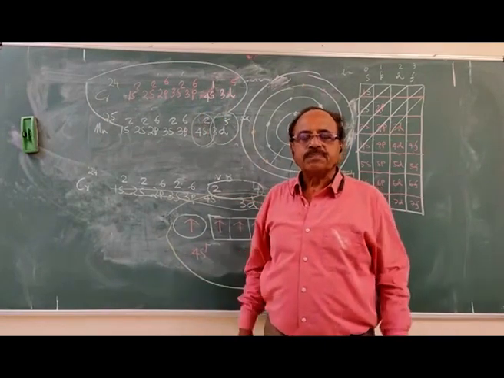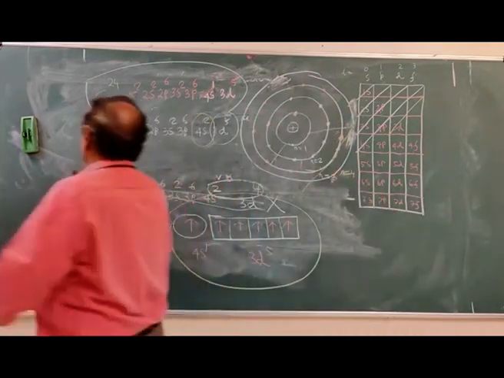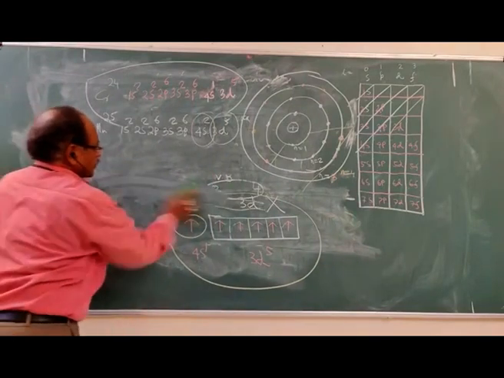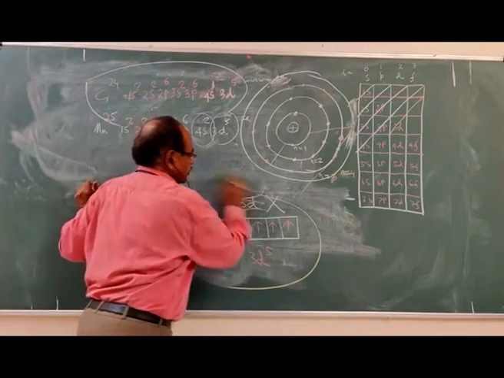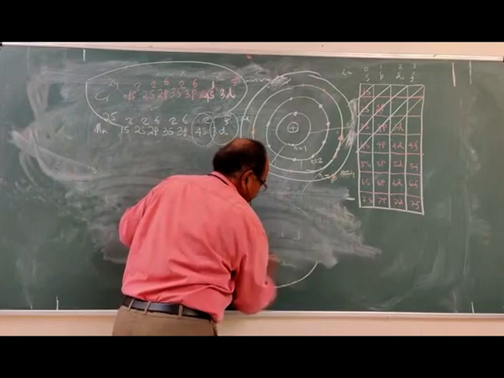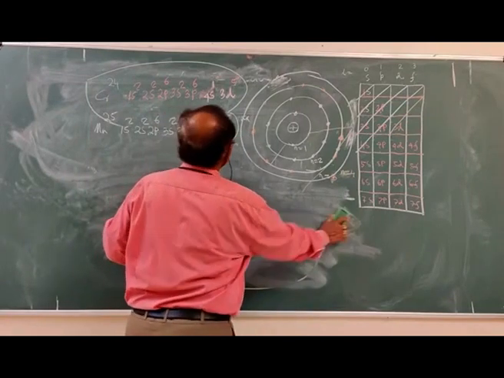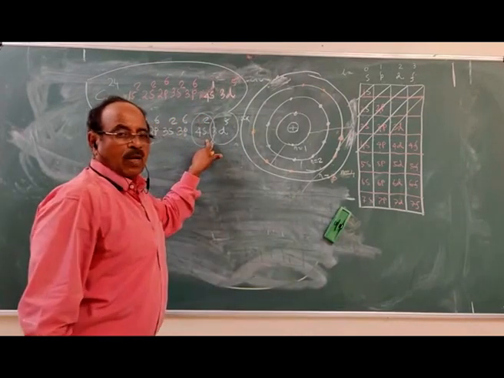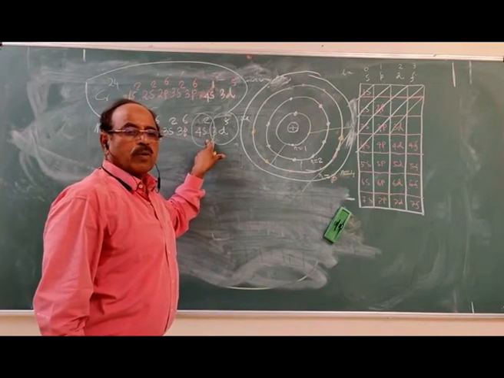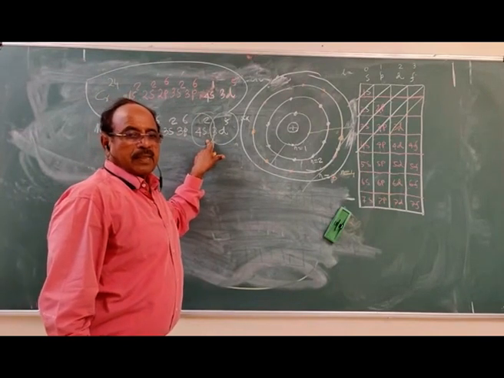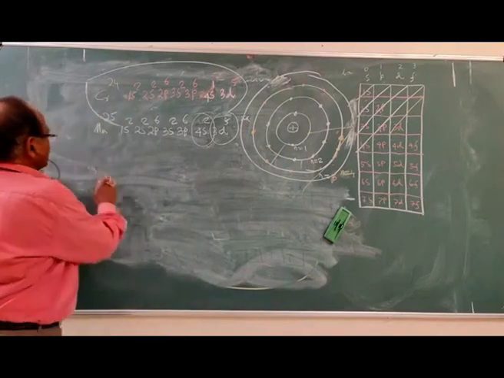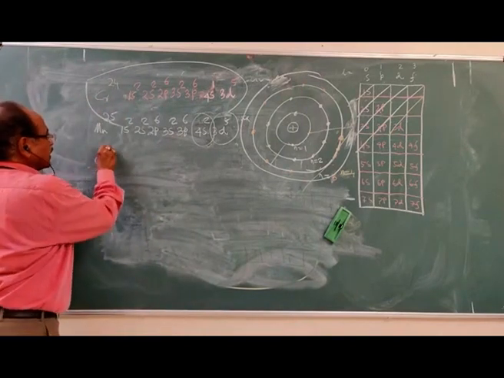Since both are stable, this is a more stable configuration. So the electron configuration of manganese is 3d5 4s2. It belongs to 7B group of the periodic table.